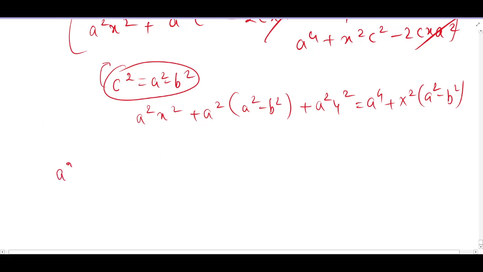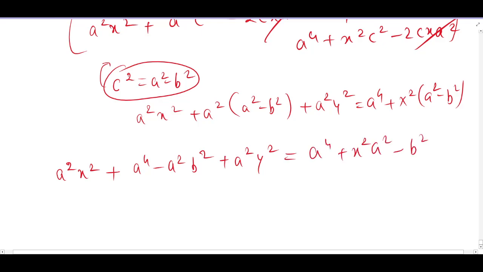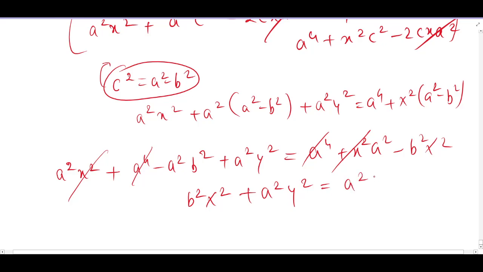So a square x square plus a4 minus a square b square plus a square y square is equal to a4 plus x square a square minus b square x square. This cancels out, and we have b square x square plus a square y square is equal to a square b square.